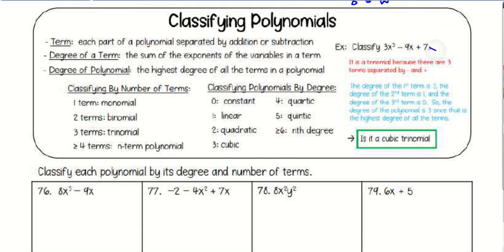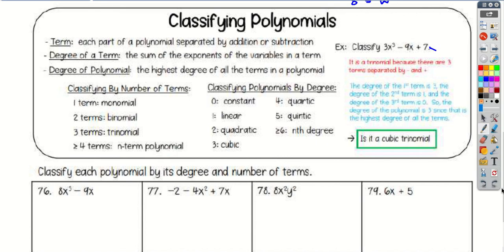There technically is an x to the 0 attached. Remember, x to the 0 is just 1, so that's why it's 7. And we don't write x to the 0 because it's ridiculous to keep writing that over and over for any number.